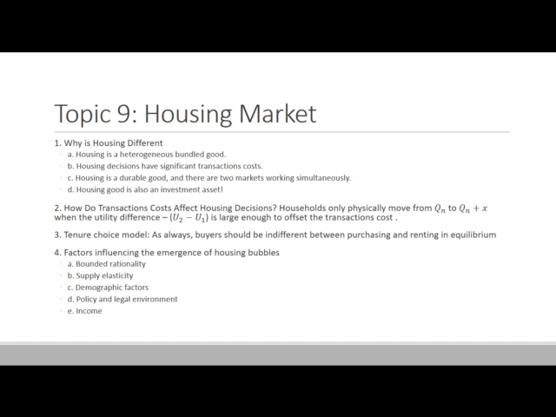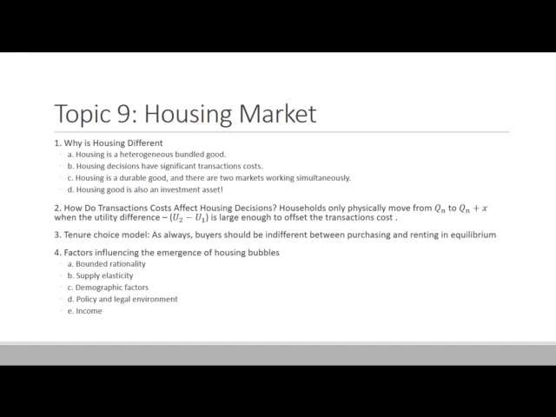People can switch or choose between buying and renting, and hence in equilibrium, buyers should be indifferent between purchasing and renting, and the purchase price should be equal to the present value of the future rental payments.